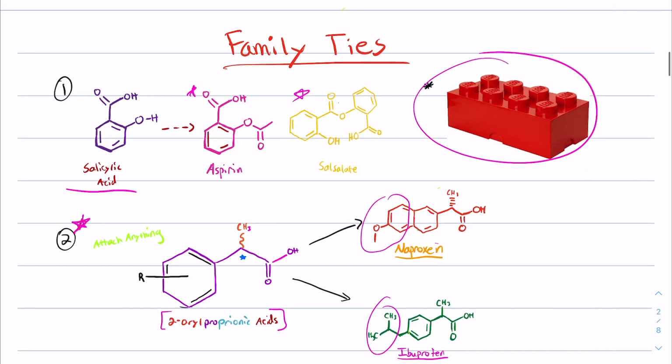And then we got into these drug families that have the same parent, but they have different things attached to them. And we made an example of aspirin, and we also made the example of ibuprofen and naproxen. They have different pieces like these Legos, but they all have the same parent structure. They have that same genetic material, if you will.